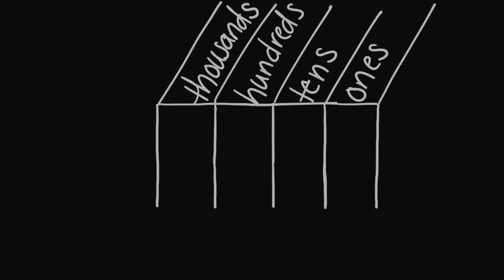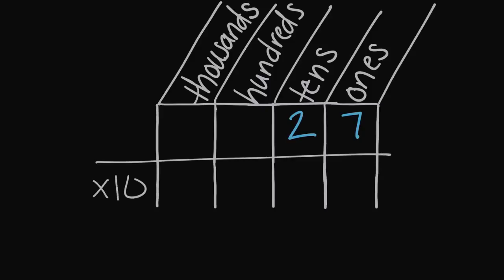So if we tried one looking at it this way, let's do 27. If we multiply 27 times 10, well, the 2 is going to move one place value over, so it will now be in the hundreds, and the 7 is going to move over a place value, so it will be in the tens, and then we'll have to fill in that empty place value with a 0.